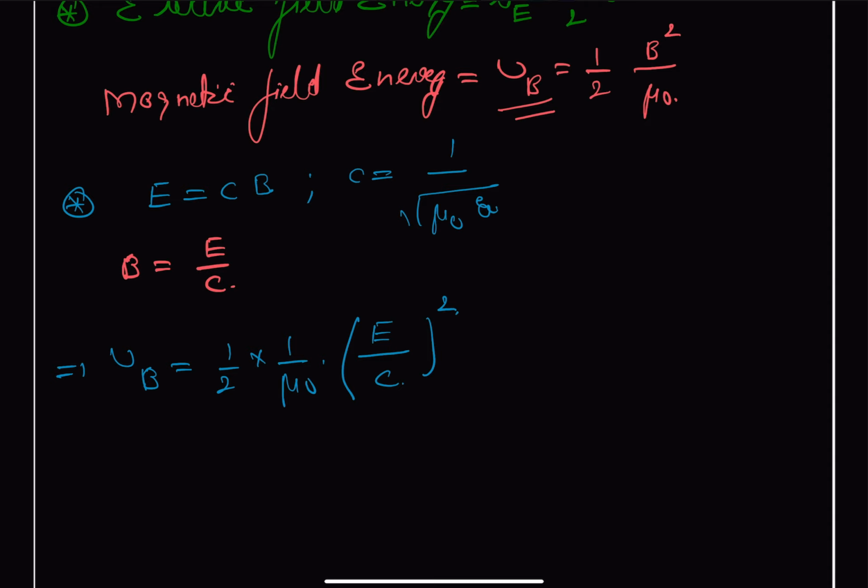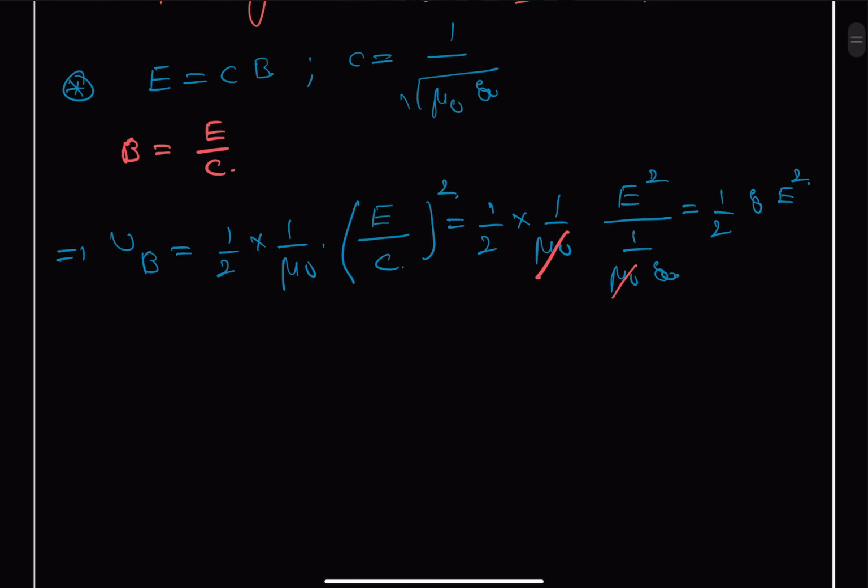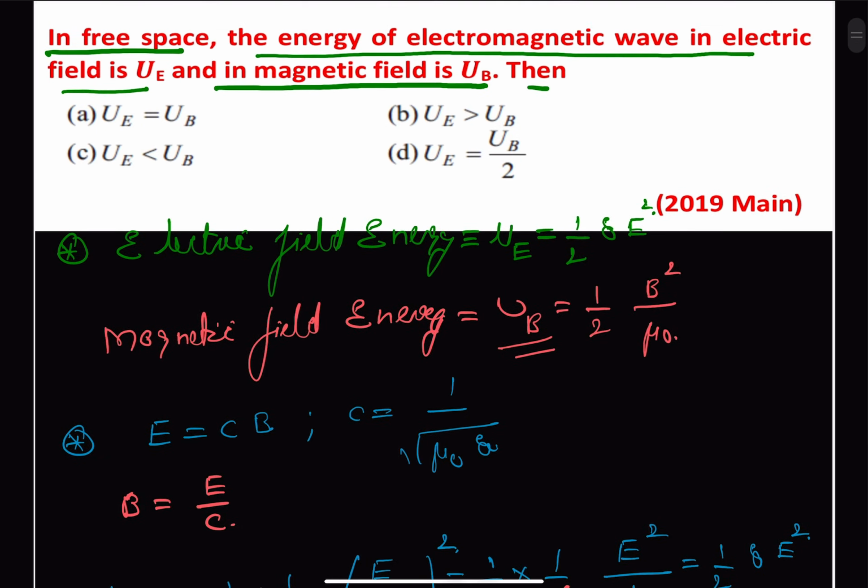And we can also substitute the value of C, so this comes as half, 1 upon mu naught, E square, and this comes as 1 upon mu naught and epsilon naught. Mu naught and epsilon naught cancel out, so this comes as half epsilon naught E square, and this is nothing but the representation of our electric field energy. Therefore we can say our magnetic field energy is equal to electric field energy. So option A is correct.